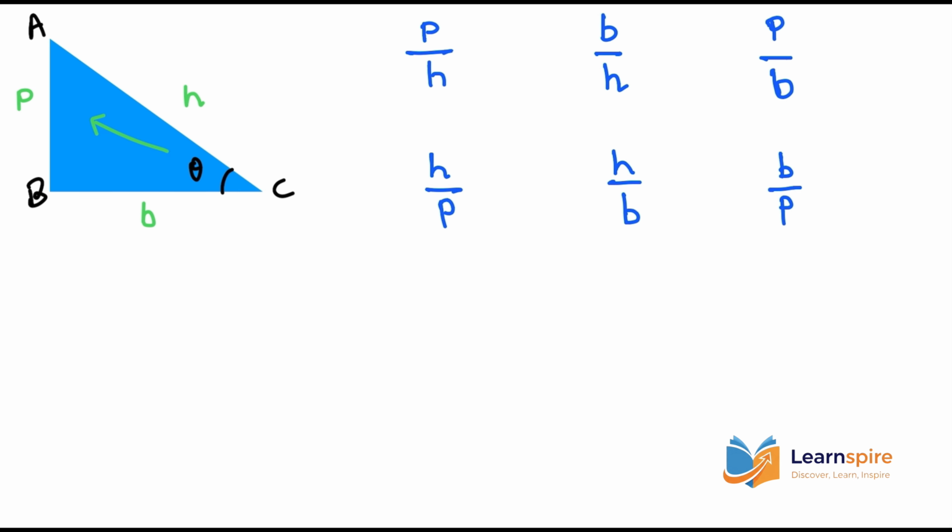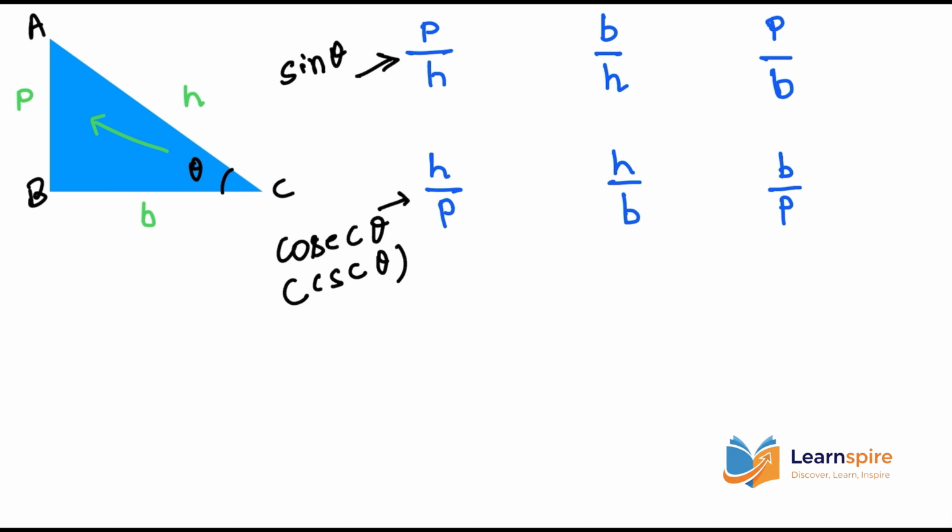Now, we all know that we call this ratio sine theta and its opposite ratio cosec theta. In some books, you might see this written as CSC theta.